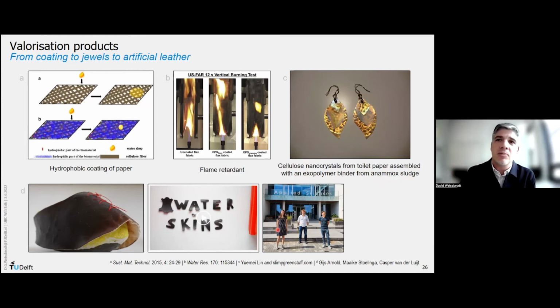And students from TU Delft, from our program in life science and technology, actually won a European competition to develop water skin based on these exopolymers. Here you could see potentially an artificial leather that can be used to make shoes, for instance, or other types of materials.